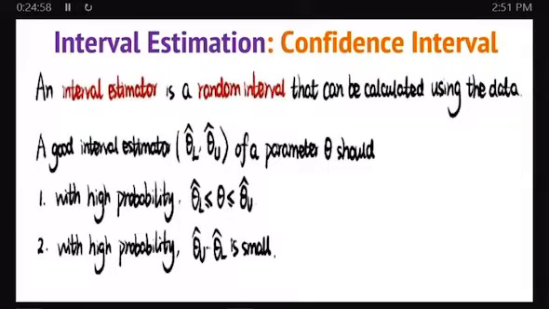What is the fraction of times the true value will be in the interval? Because the true value will not be in the interval 100% of the time. I'm going to give you this example. If somebody asks, how popular is the president of a country?